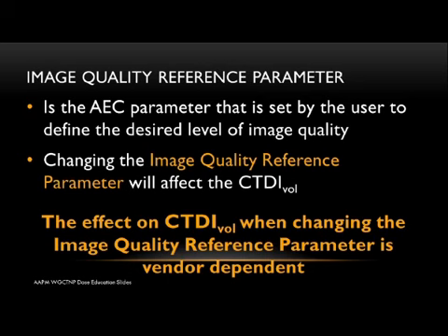And if we change the image quality reference parameter, generally that will affect the CTDI vol. However, that effect on the CTDI vol is vendor and scanner dependent. So that's something to definitely keep in mind.